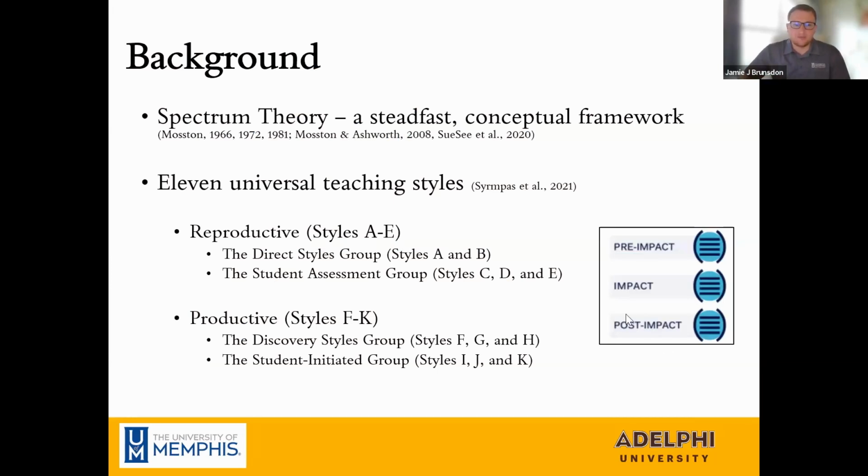We could also break these down further into a category which Chris and I both favor: the direct styles group, which includes styles A and B, the student assessment group, which includes styles C, D, and E, and then the discovery styles group, which includes styles F, G, and H, and then the student initiated group, which is styles I, J, and K. And the idea is that someone employing a teaching style will follow this pre-impact, impact, and post-impact structure, which we're all very familiar with.